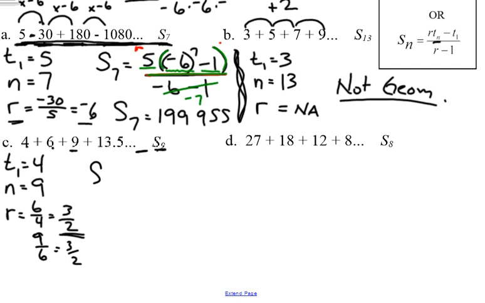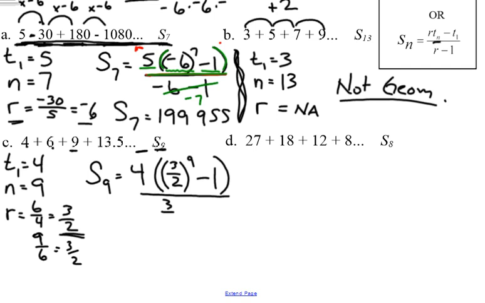The sum of the first 9 terms is going to be term 1, 4, times our R value, which is 3 halves, all of that to the exponent n, which is 9, subtract 1. There's my numerator. And I'm dividing that by R minus 1. So there's my formula. Now I need to plug that into my calculator, breaking it into order of ops.